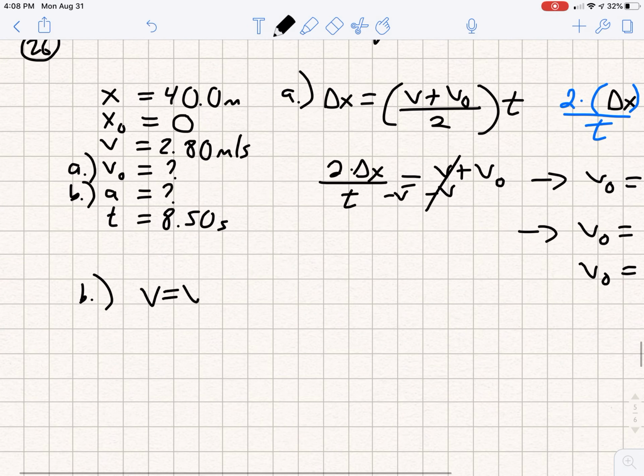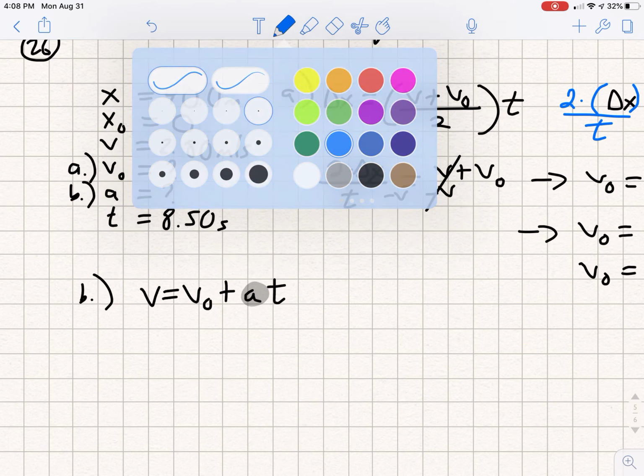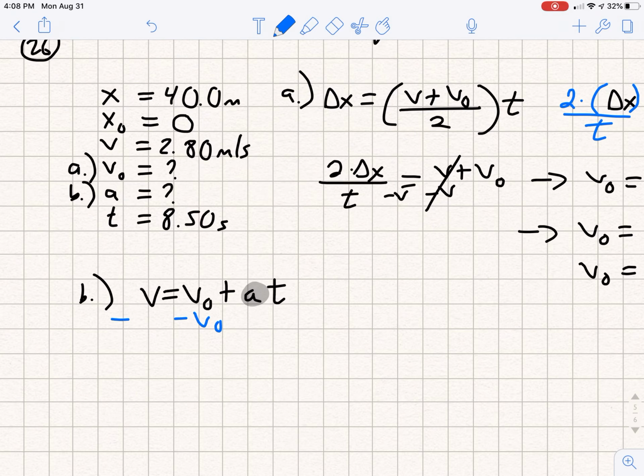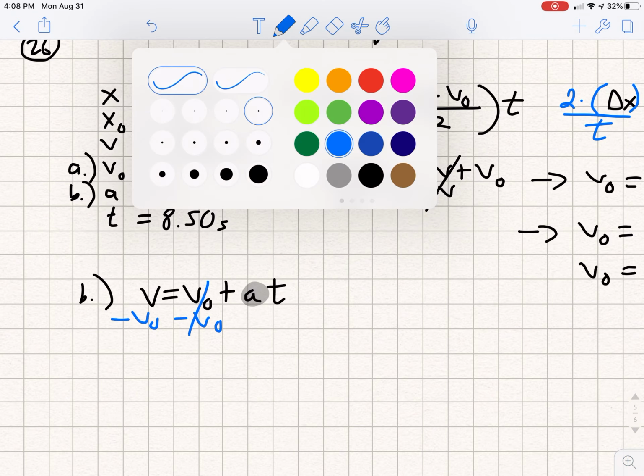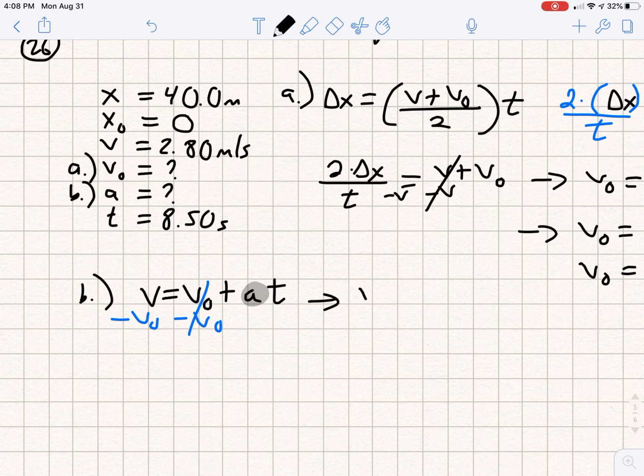v is equal to v naught plus a times t. To solve for a, I need to subtract v naught from both sides. And when I rewrite this, I get v minus v naught equals a times t.